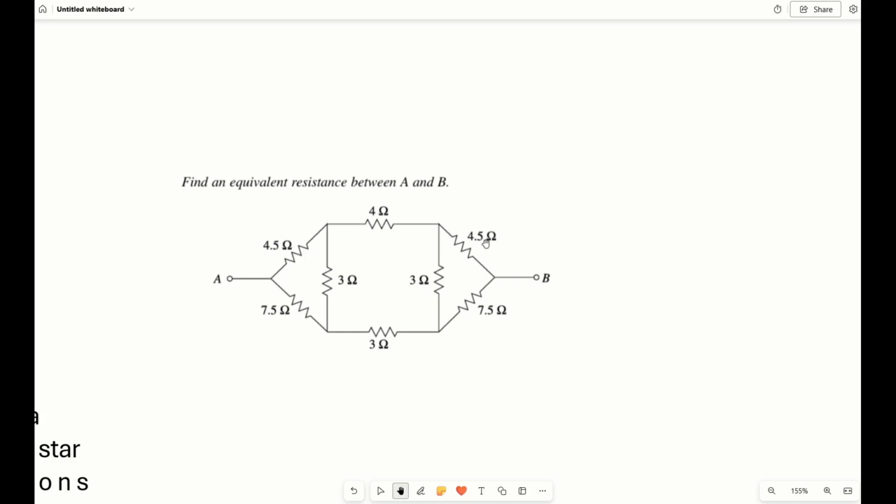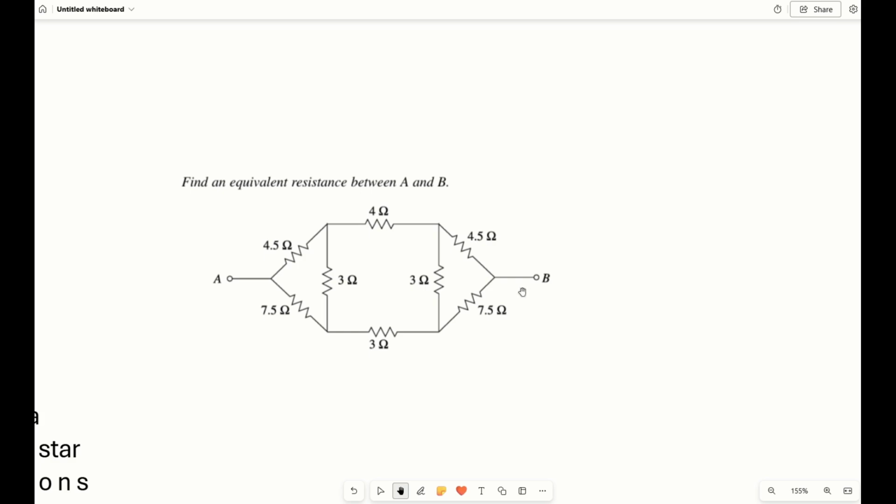As per our previous knowledge, what we normally do is identify the connections which are in series or parallel, and accordingly determine their series or parallel combination, moving step by step, simplifying the circuit. Finally we determine the equivalent resistance.